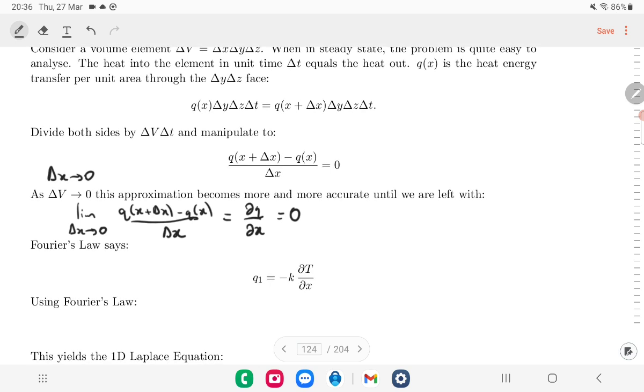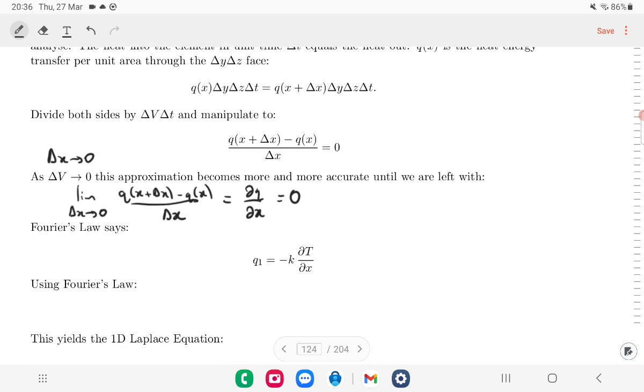Now we have Fourier's law. What Q1 is representing, I guess, is that Q should be a vector.